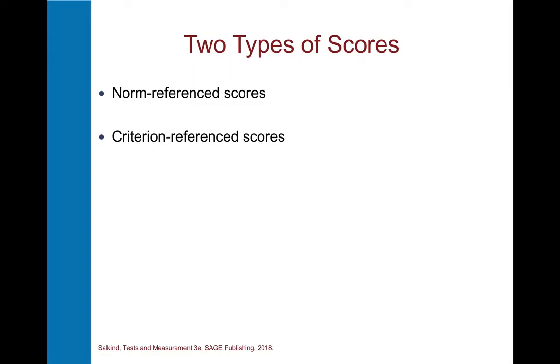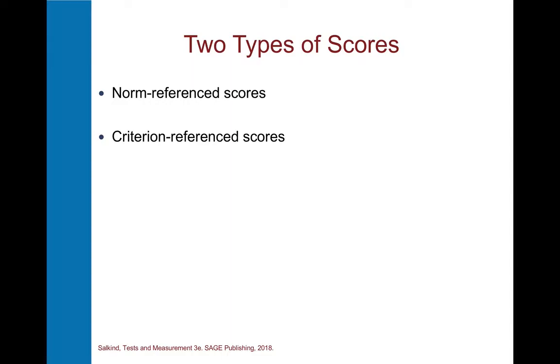When it comes to criterion reference scores, we are comparing the scores to an absolute criterion, and that absolute criterion depends on what external criterion determines the absolute performance that this person needs in order to pass this particular test.